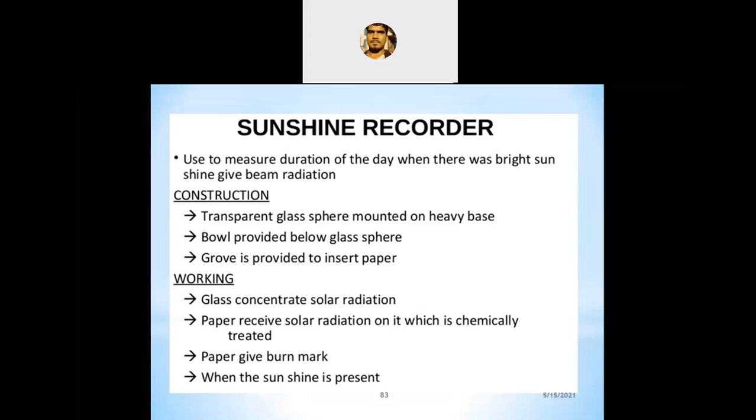The sunshine recorder is focused by a glass sphere; that is the construction. It's a transparent glass sphere mounted on a heavy base or a bowl. The bowl is provided below the glass sphere, and a groove is provided to insert paper or a card strip. We place the card strip below the grooves, mounted concentrically with the sphere.